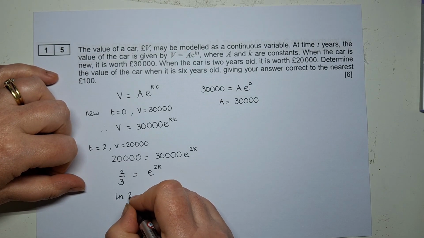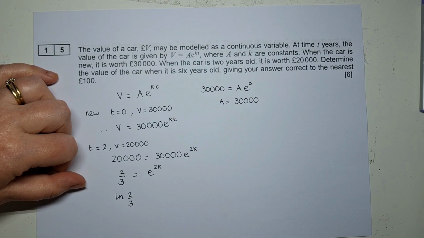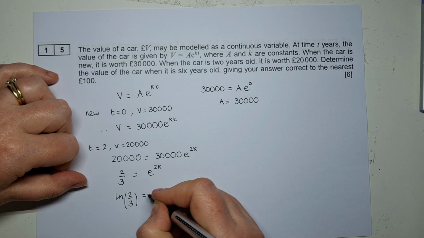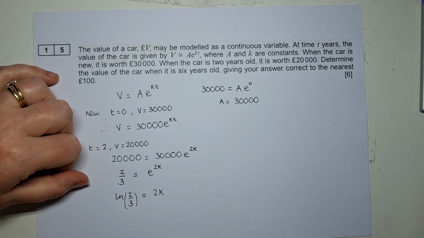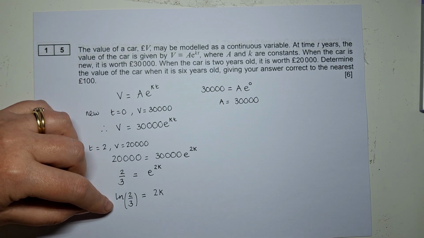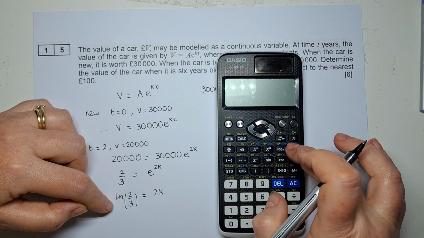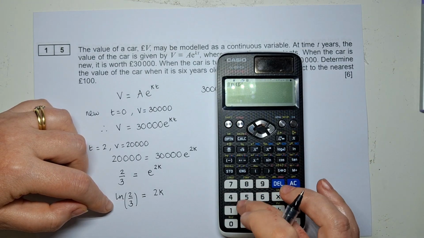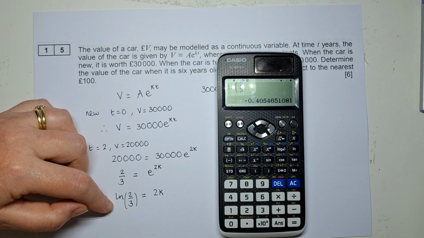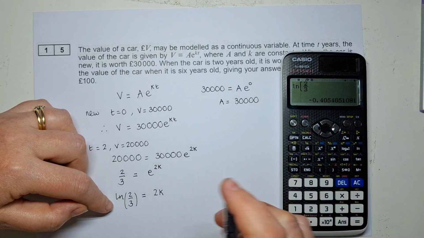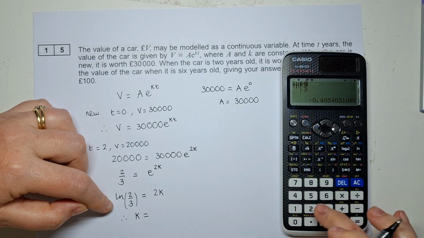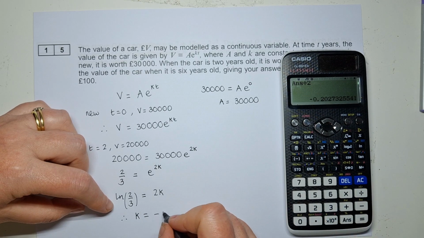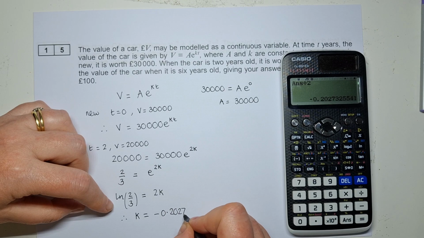We're going to then, on the next line, rearrange that to say ln of 2/3 is 2k. So remember, if you've got e on one side, it can be ln on the other side. ln of 2/3 is minus 0.405, it's a horrible decimal, divided by 2, which is minus 0.20273.